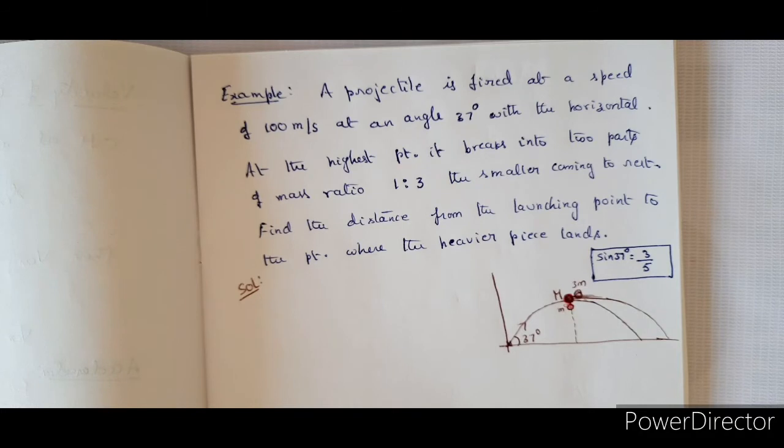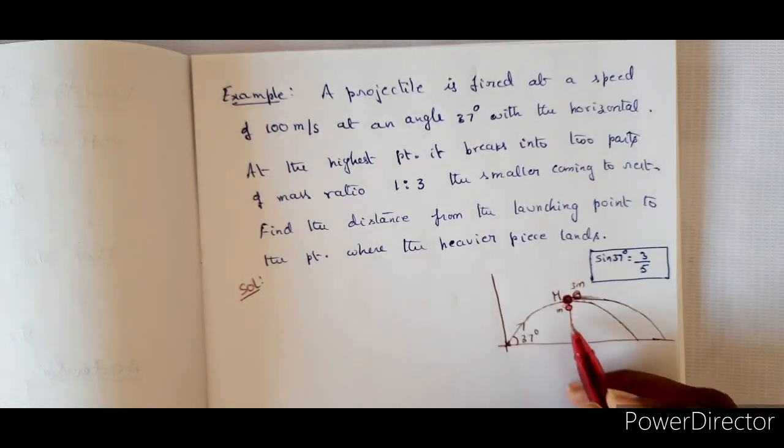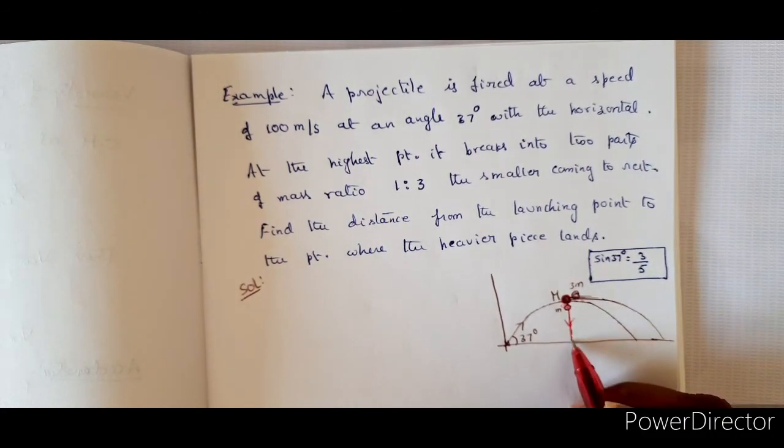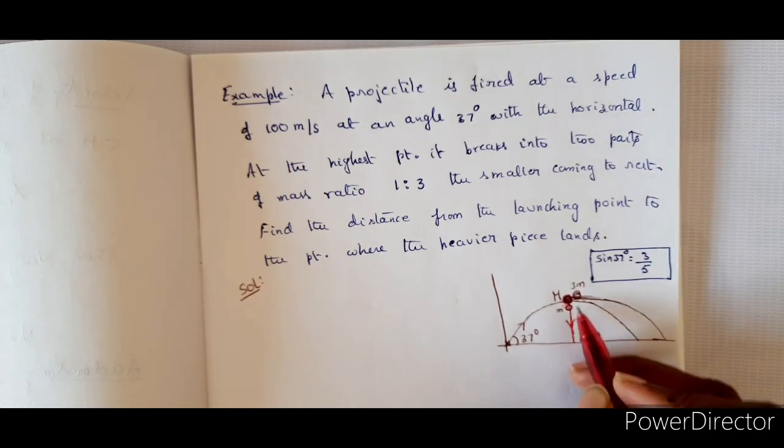It has come to rest means it is not having any kind of motion which was given to it before. Now it is only under the influence of the gravitational pull of Earth. So this particle falls freely, because its velocity here is 0.